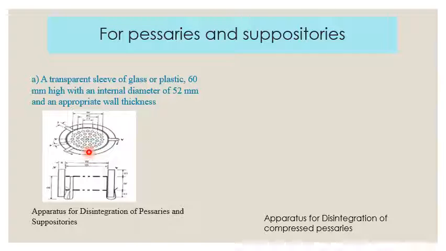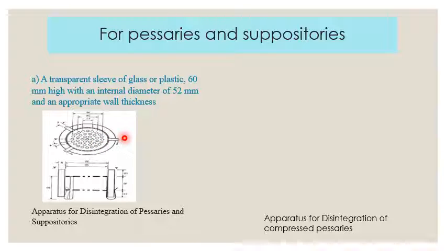A metal device consisting of two stainless steel discs, each of which contains 39 holes, each 4 millimeter in diameter, being distributed as indicated in the figure.